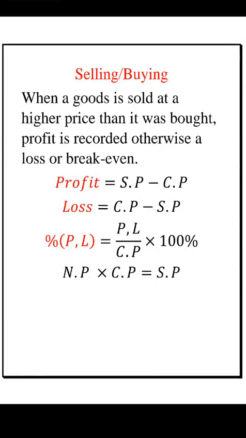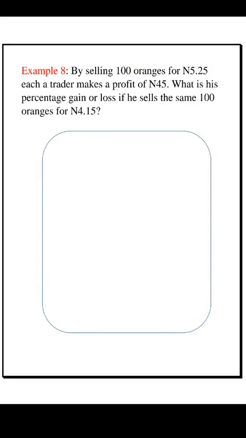Okay, let's take some examples. By selling 100 oranges for 5 naira 25 kobo each, the trader makes a profit of 45 naira. The selling price, SP, is 100 times 5.25, and that's going to give us 525 naira.